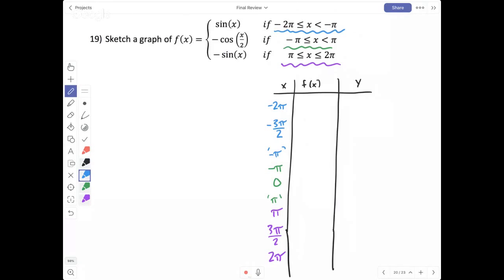Cool. So let's see. Negative 2 pi, what is the sine of negative 2 pi? And I'm sure you're all at home shouting out in your heads that obviously the sine of negative 2 pi is, so I'm writing here, sine of negative 2 pi, which of course is 0. And then the sine of negative 3 pi over 2, which of course is 1.